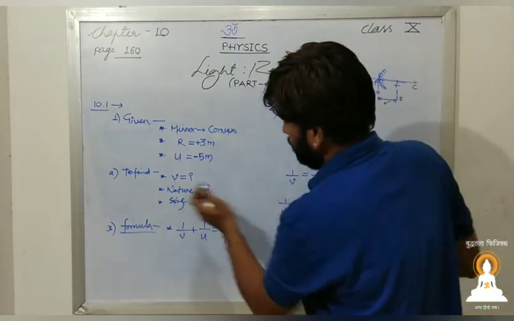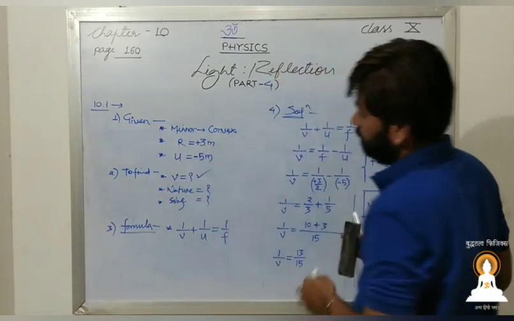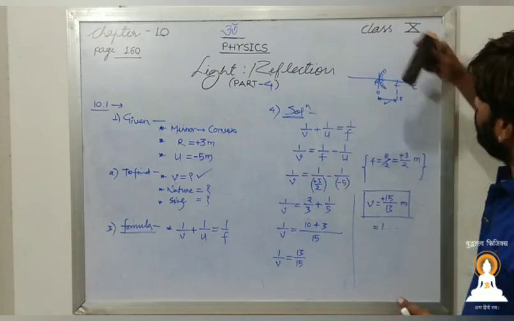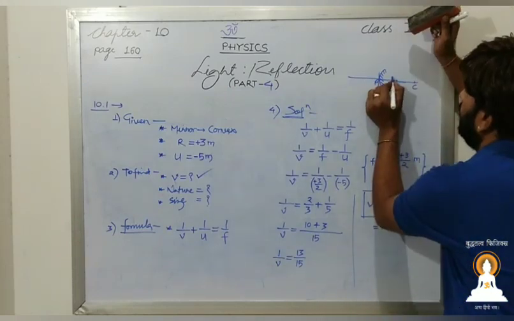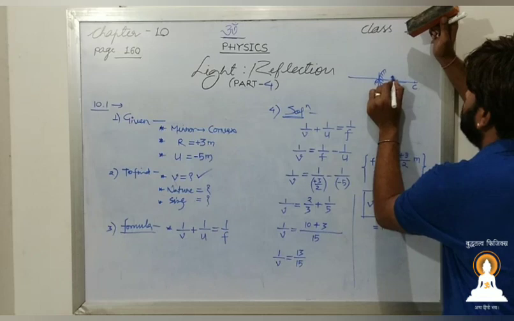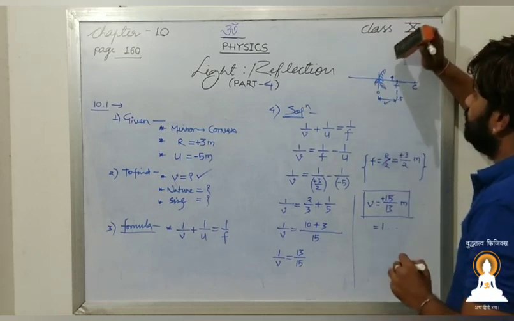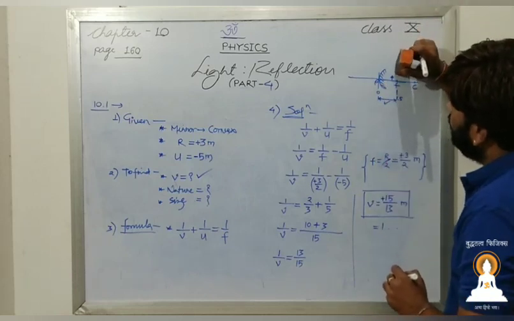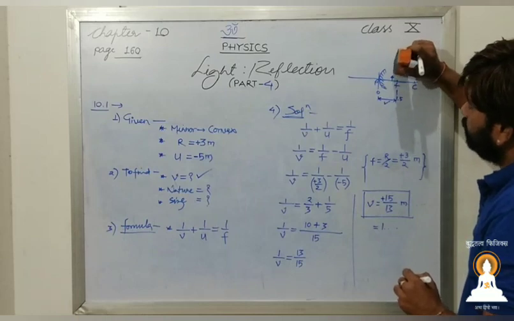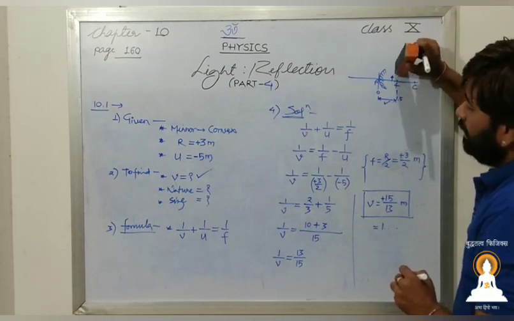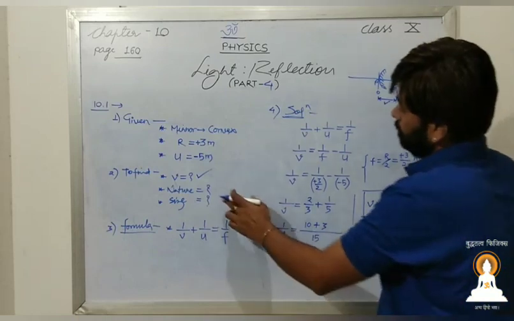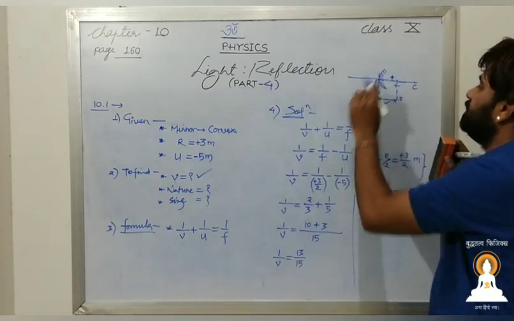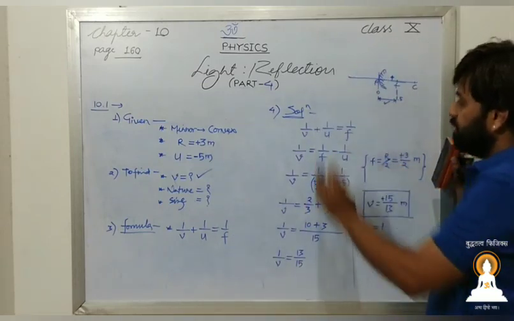Now this thing we have already got. Now the nature, we know from here. In case of a convex mirror, we have already seen the nature will be what? Virtual and erect. And the size will be diminished with respect to the object, as we have already seen.